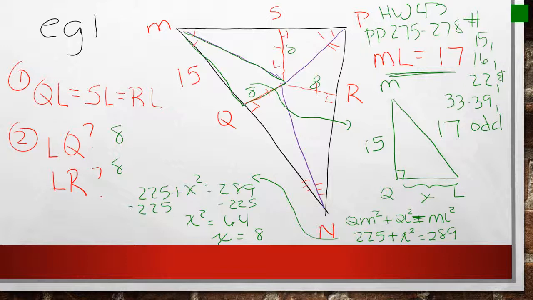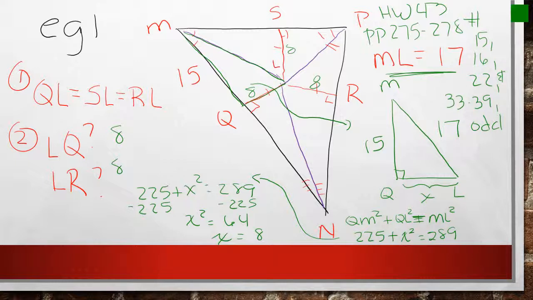So take an arrow, draw it out to the side, tip it up, and redraw it like that. So you'll see that this leg is 15, and the hypotenuse is 17. So how am I going to figure out how long QL is? Yes, you are correct. We are going to use the Pythagorean theorem.